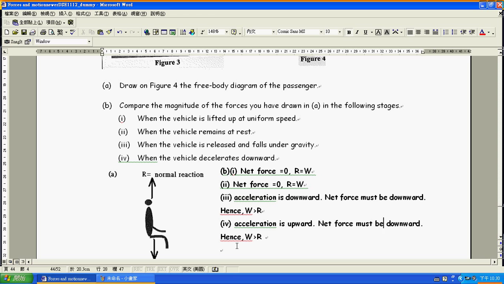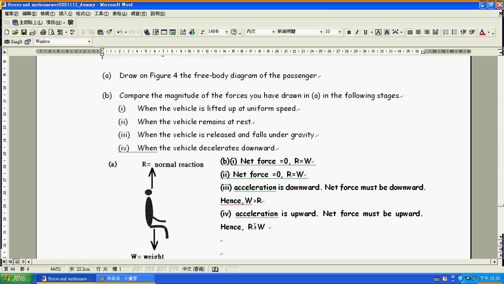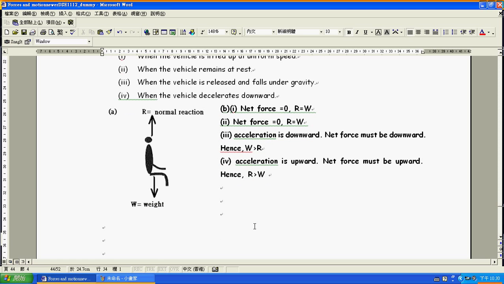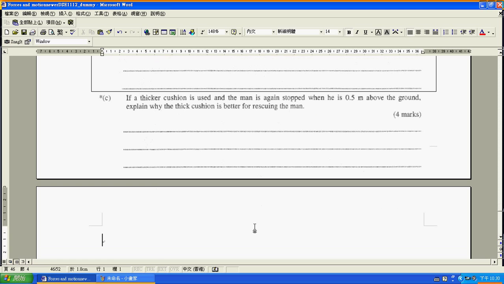So net force must be upward. Hence we have R greater than W. So that wraps up part B.